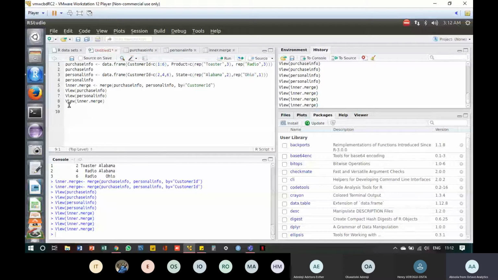The right does it the opposite way. So you have X on the left, Y on the right. The right outer join takes in all the values in Y and values that are common to X and Y. Left outer join takes in all the values in X and values that are common to X and Y. So that is what outer join does, and you're going to see it in this example.